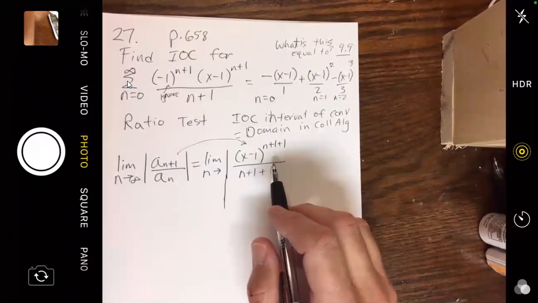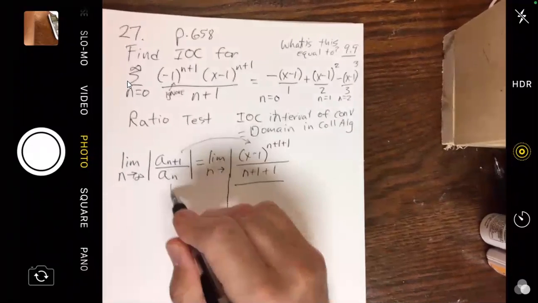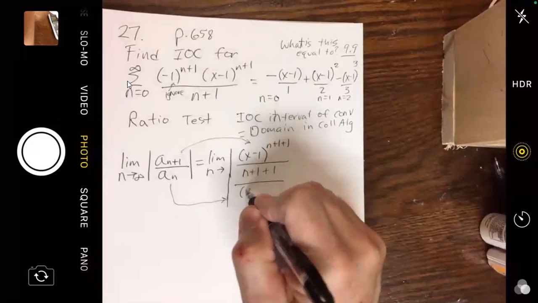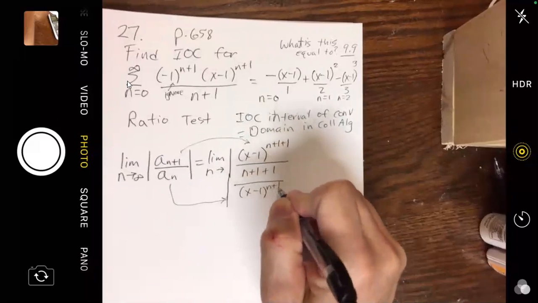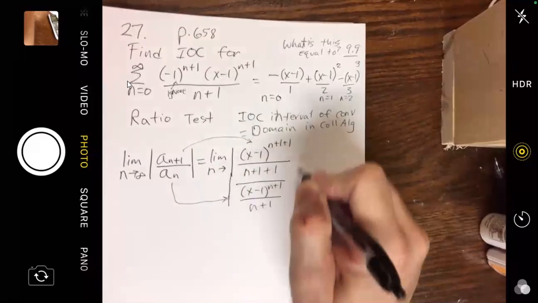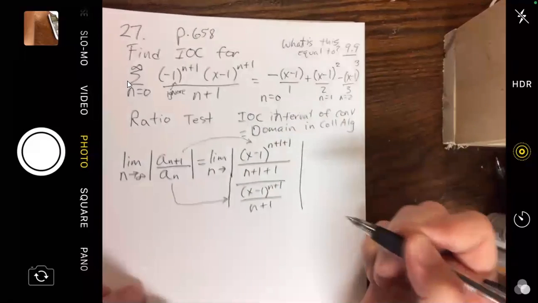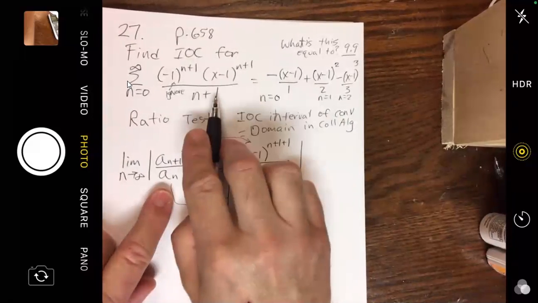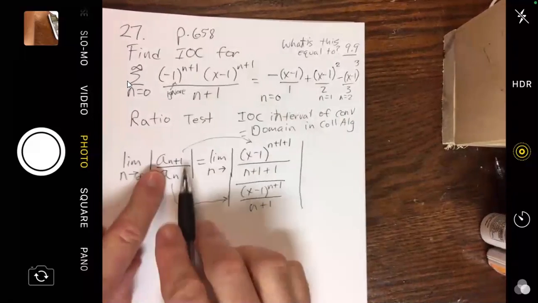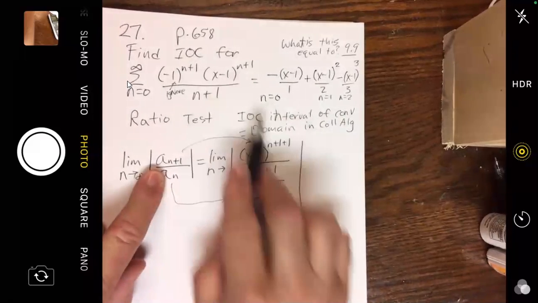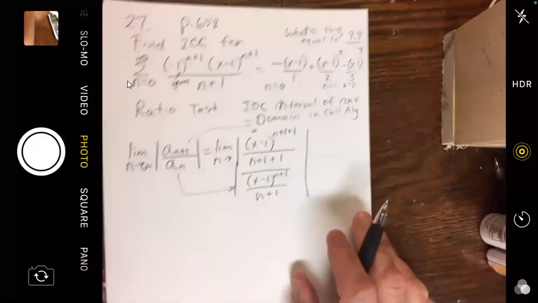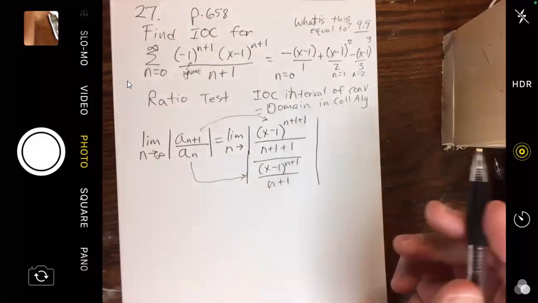All right. You see where I'm getting a sub n plus 1? Now you're going to divide it by a sub n. Well, that's just what's here: (x minus 1) to the n plus 1 over n plus 1. I know this can get confusing, but a sub n is what's given. It just happens to be given with n plus 1s. And then for a sub n plus 1, you plug in n plus 1, which is going to give you n plus 2s in the next step. Any questions getting this far?